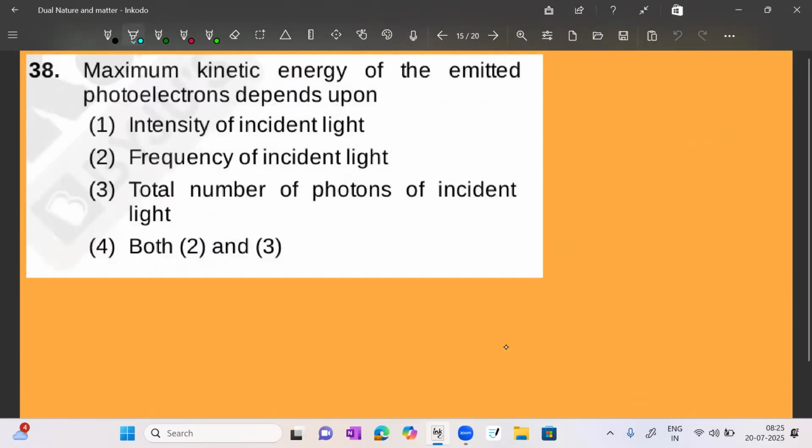Next. The maximum kinetic energy of the photoelectric effect always depends upon only the frequency. It purely depends upon the frequency. Next.